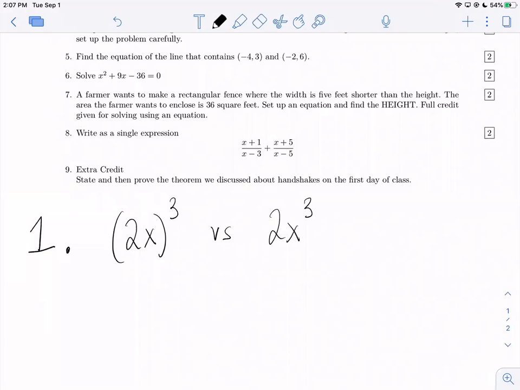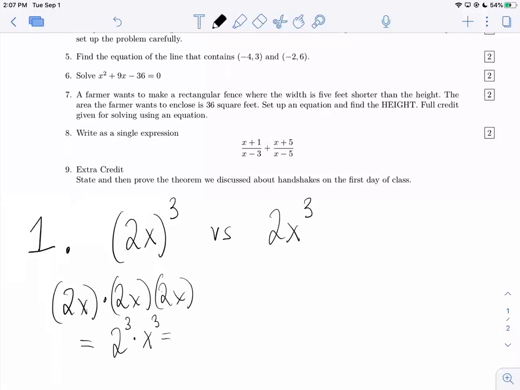So one way you should really think about this is 2x to the third power, so it's 3 copies of 2x. So this is really equal to 2 to the third, because you can reorder them, times x to the third.